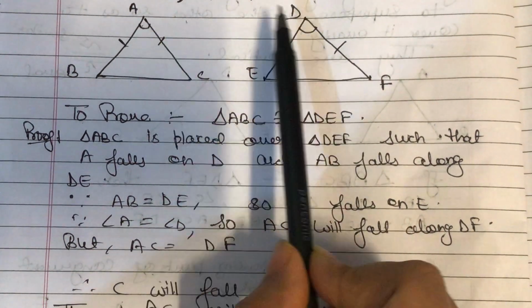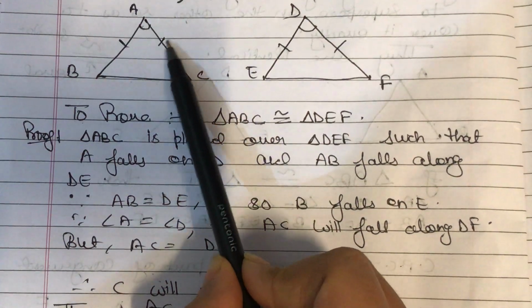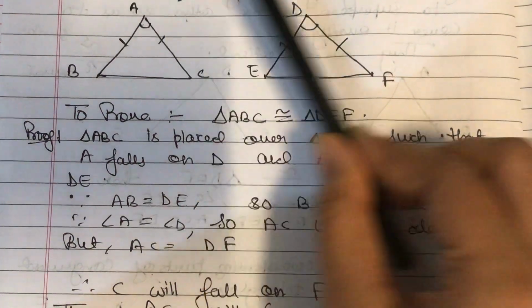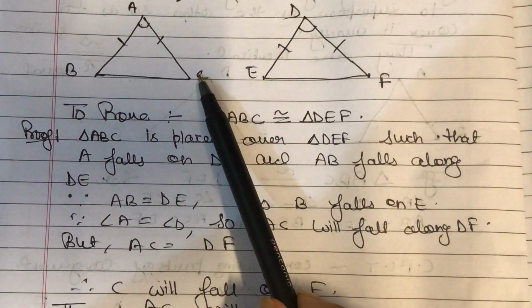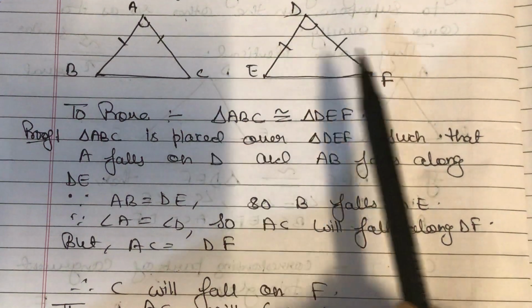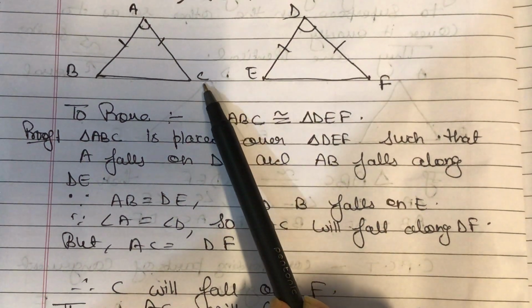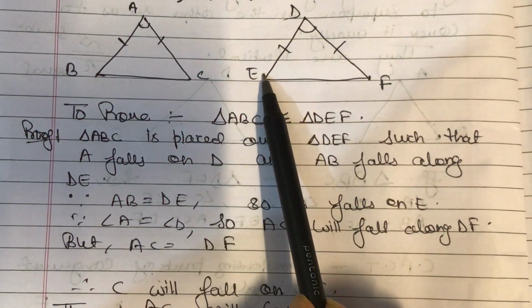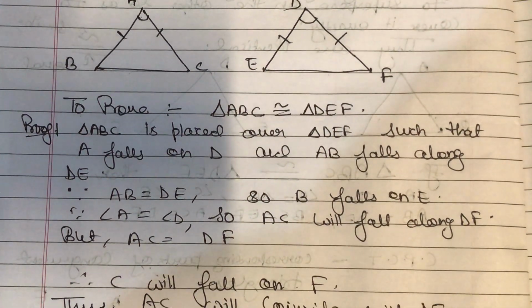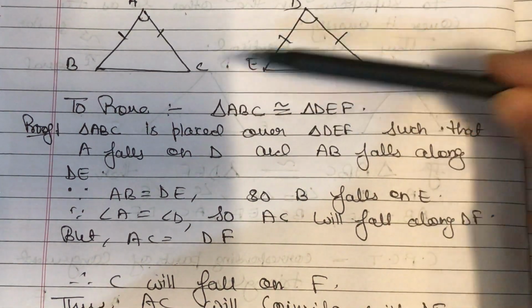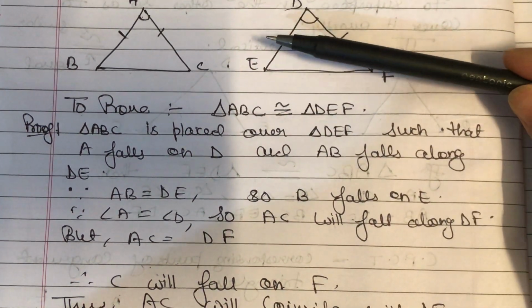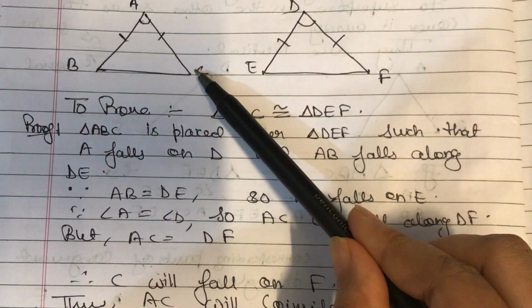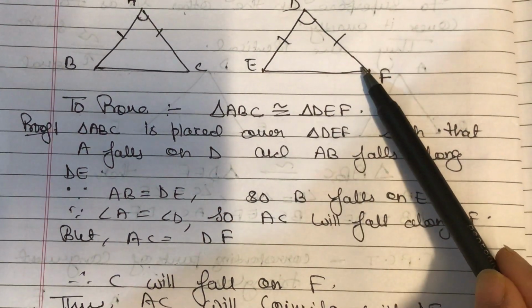So now A is falling on D. Since AC is equal to DF, this side is falling on DF, then definitely the point C will fall on F. Now the point C will fall on F and B is also falling on E. So with both, I can say that BC falls on EF, right? BC falls on EF because both the endpoints of the line segments are falling on each other.